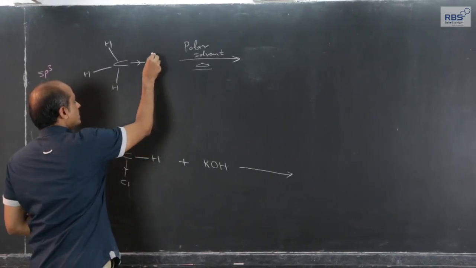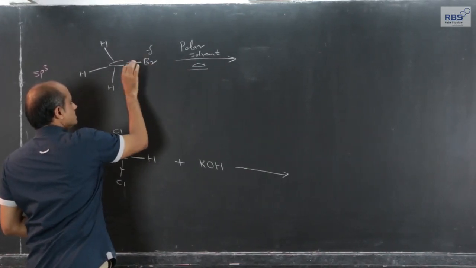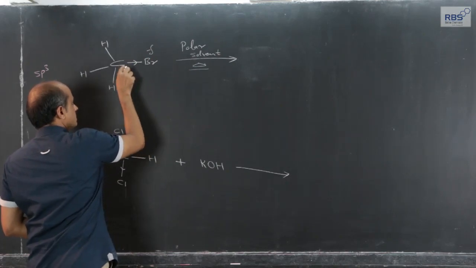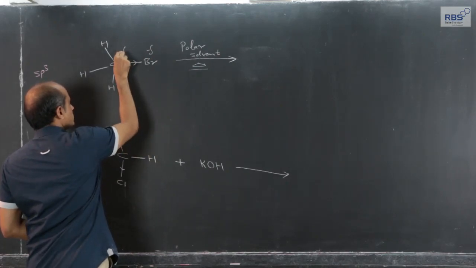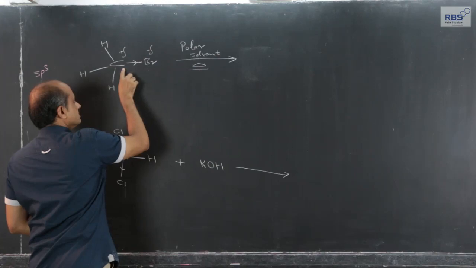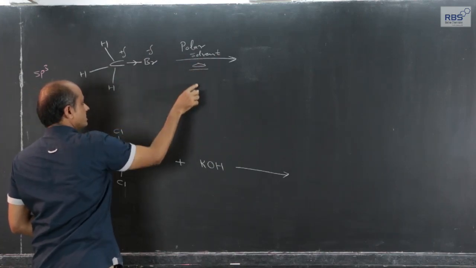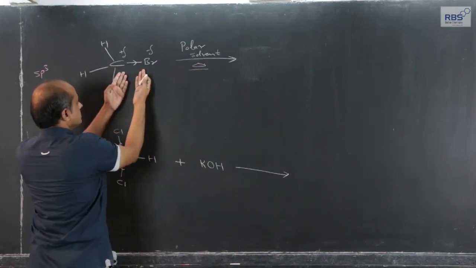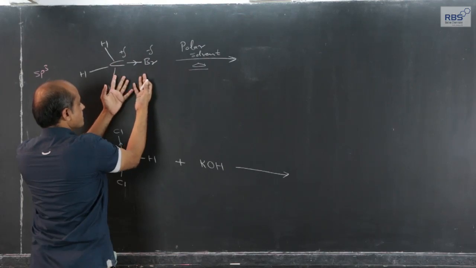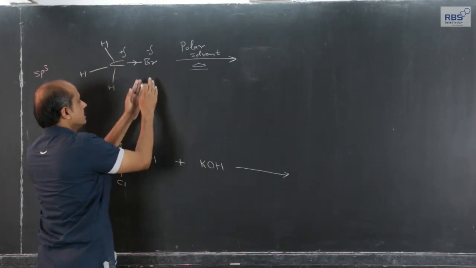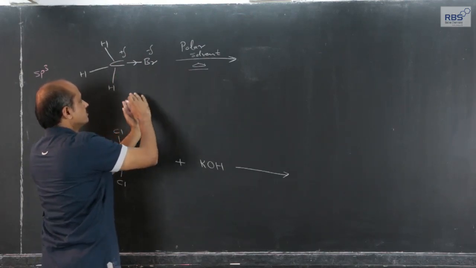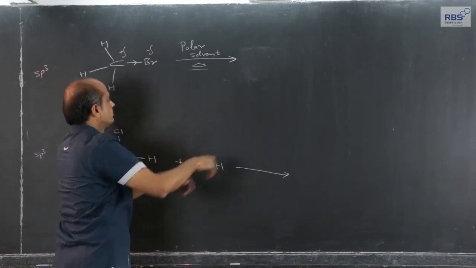Since bromine is more electronegative, there is slight shifting towards bromine, earlier carbon bromine bond which is polar, in presence of polar solvent and heating, this may get heterolytically broken, and since bromine is more electronegative, the shared pair will remain with bromine.